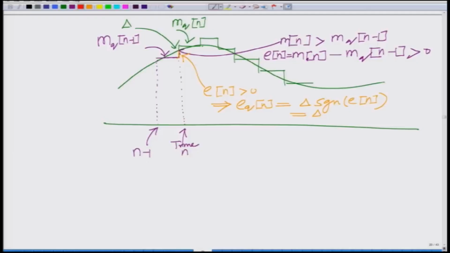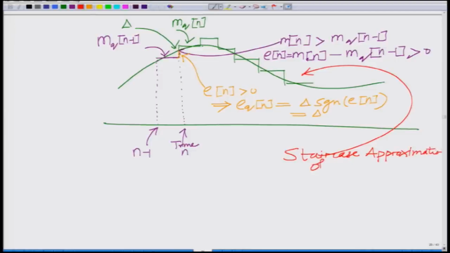When it is positive, the staircase will go up. So this is how you get a staircase approximation of the original signal.